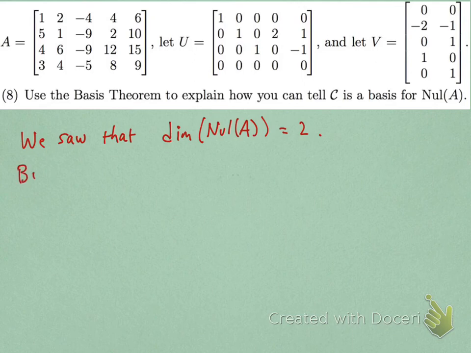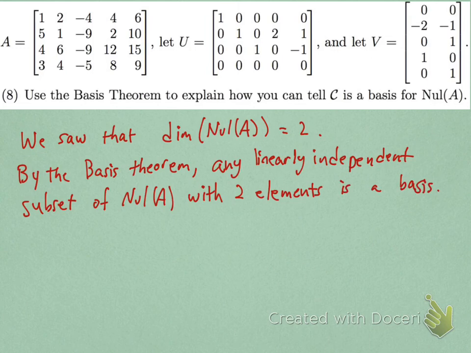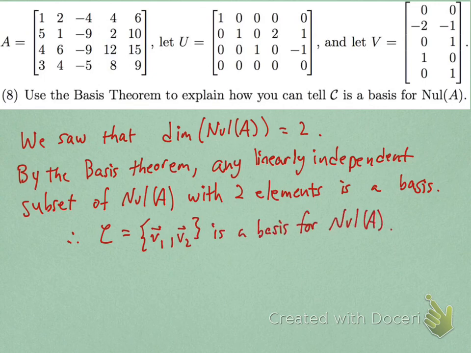In this case, we found a set with two vectors in it that were linearly independent. So any linearly independent subset of the null space of A with exactly two elements is going to be a basis. That's the basis theorem. And so that tells us that this set C is a basis for the null space of A.